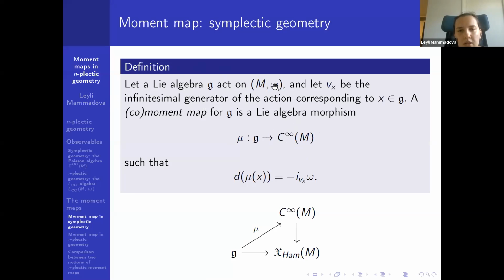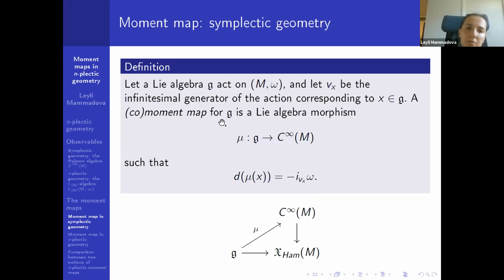Usually you say that it acts by symmetries, so it acts by preserving omega, but the fact that we require this already implies that, so I didn't put it here. So we have a Lie algebra acting on M, and consider the Vx to be the infinitesimal generator of the action corresponding to an arbitrary element of this Lie algebra.